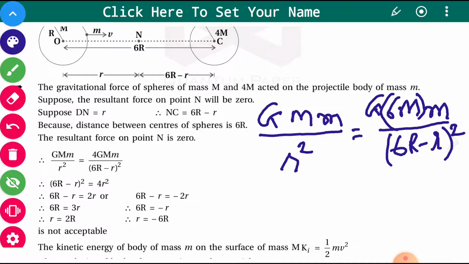Now you can cancel G, capital M and small m.